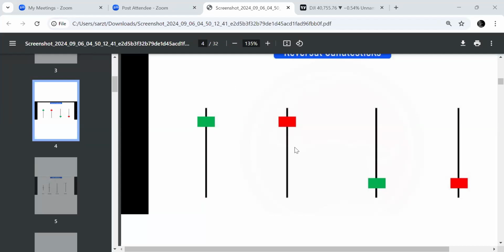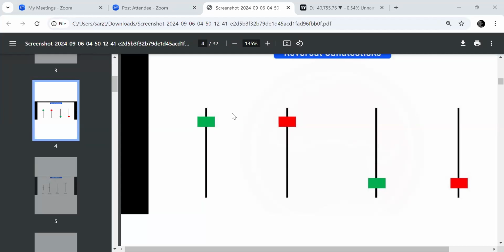In big-size candles, when the price falls and then the wick candle forms, we call it a hammer. When the candlestick forms as the price moves upside, we call it a hanging man. So these two are bullish.